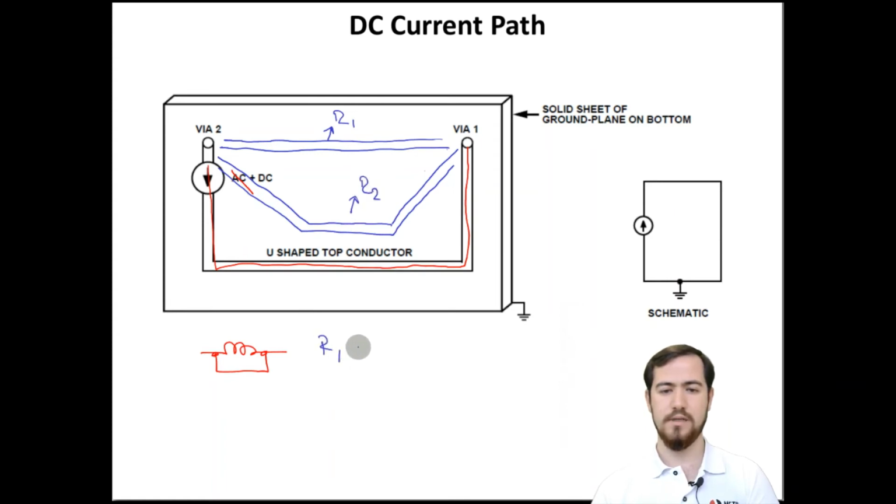Since R1 is lower than R2, the current I1 going through R1 should be higher than I2. So it means that the DC current always prefers to flow through the minimum resistance path.